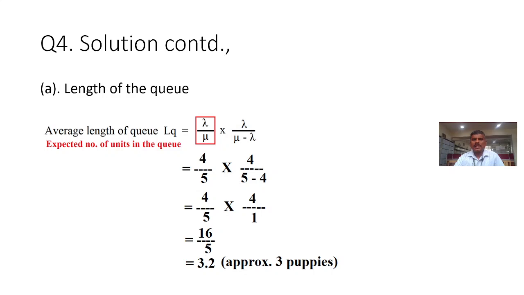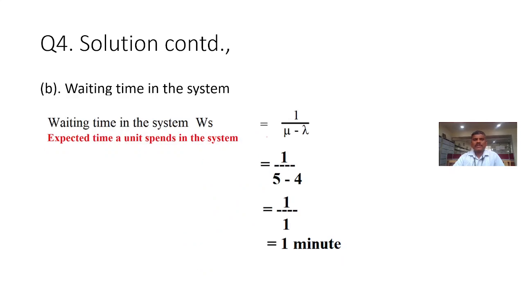We will move on to the B subdivision, waiting time in the system. The waiting time in the system, Ws, is given by 1 by mu minus lambda. Mu we already know, 5. Lambda is 4. 5 minus 4 is 1. 1 by 1 is 1.